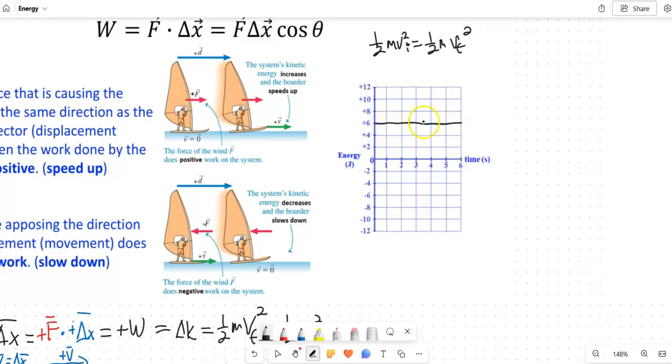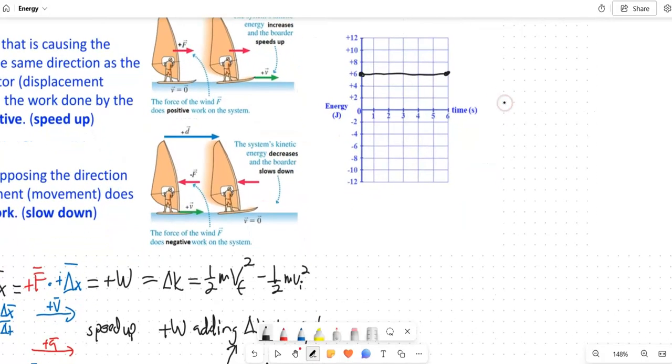Their energy is not going to be changing across this 6 seconds. If you check their kinetic energy in the beginning, it's the same thing as it is in the end. So this is where there is no change to their energy across time. Okay? So that is a constant energy from the system.